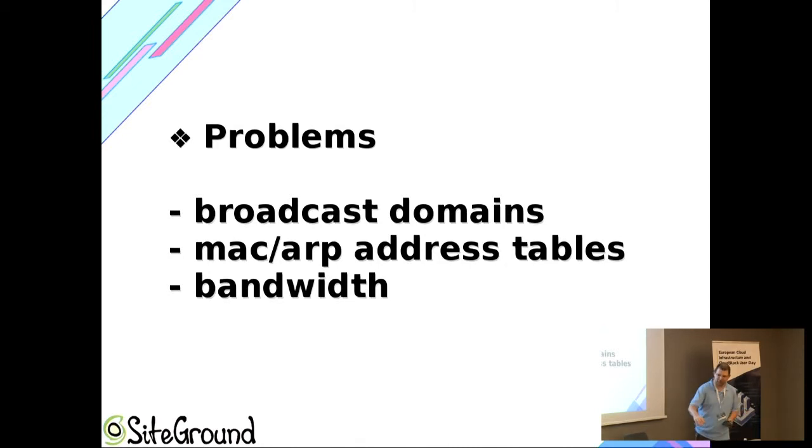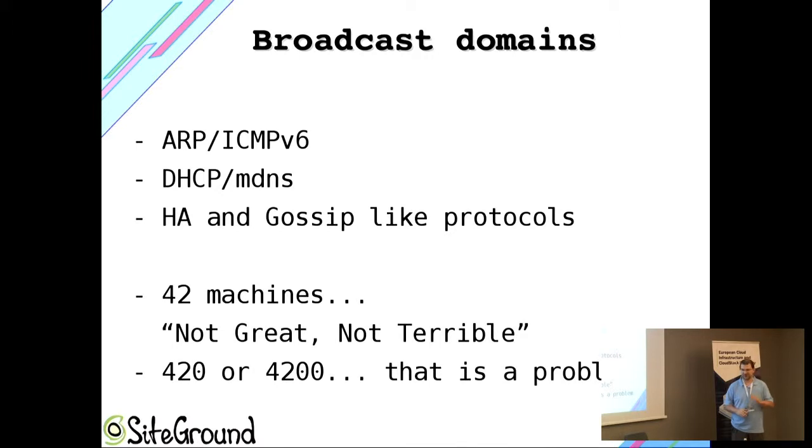Instead of solving the problem, you're creating another problem. The other thing is MAC and ARP tables that are limited on your switches. And the final thing is bandwidth. For the bandwidth, nowadays it's not a big issue, but we'll discuss it in detail.